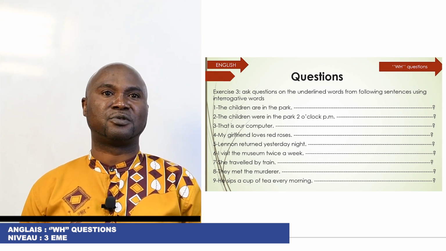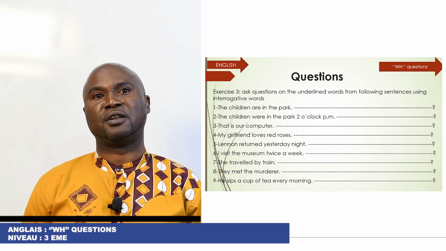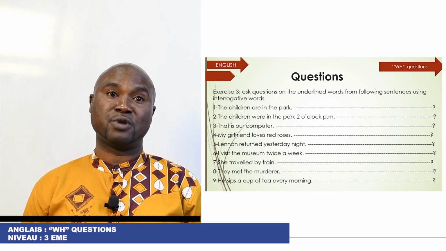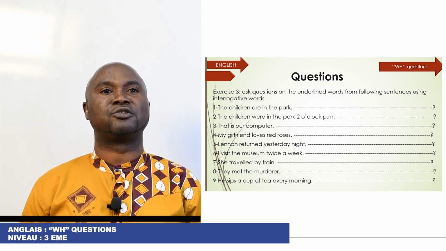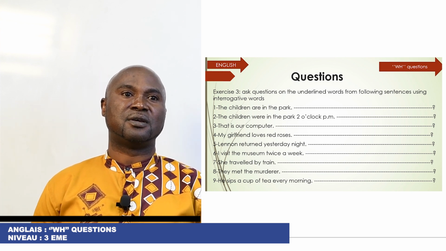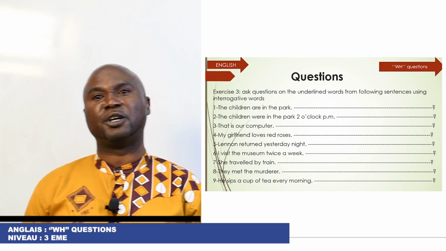My girlfriend loves red roses. Lennon returned yesterday night. I visit the museum twice a week. She traveled by train. They met the murderer. He sips a cup of tea every morning.